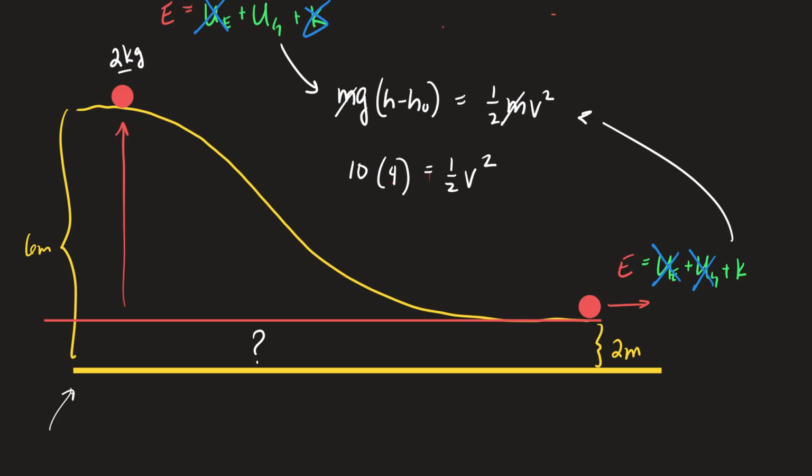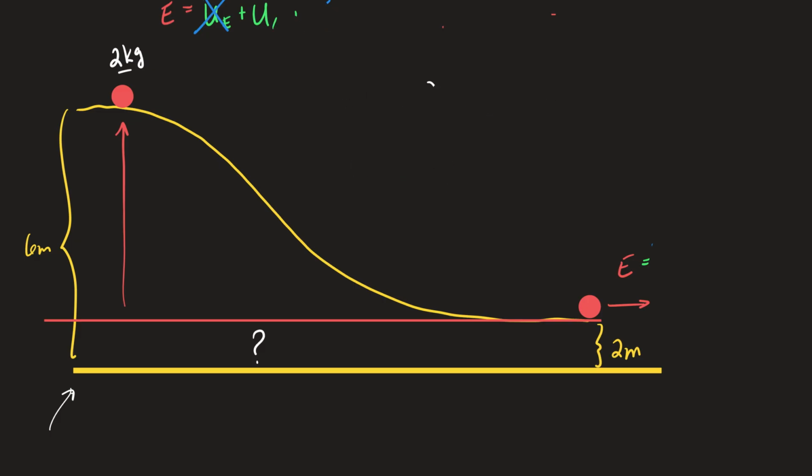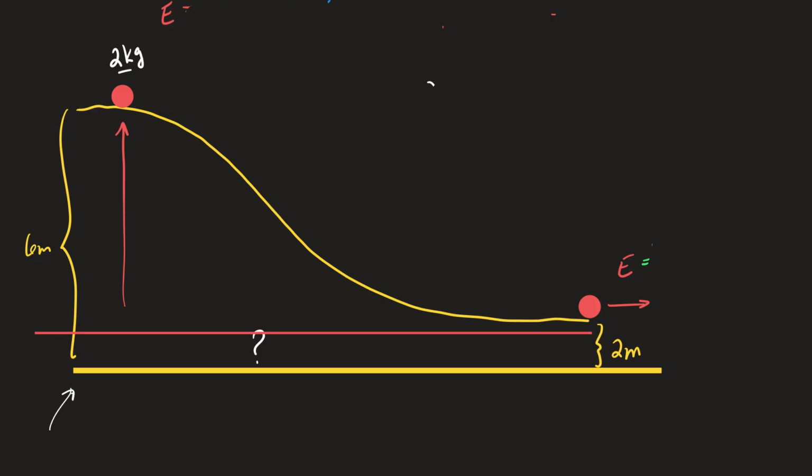Let's redo the problem. This time, let's set the reference level here. Okay? I'm trying to prove something to you. If I set the reference level there, at the top, do we have elastic potential energy?